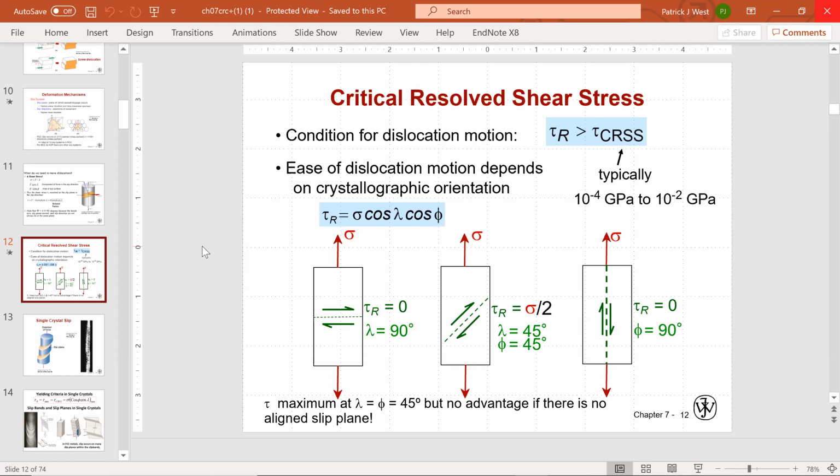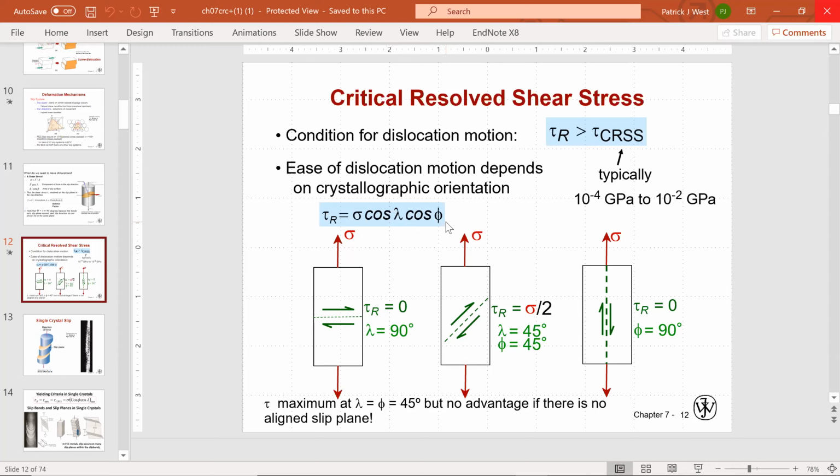But what this is showing is that for the stress required for dislocation movement, or plastic deformation, the way we optimize it is through this relationship, where the stress we apply is multiplied by the cosine of the angle lambda and the cosine of the angle phi.